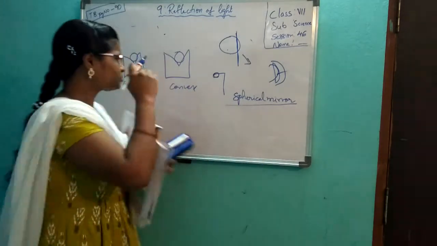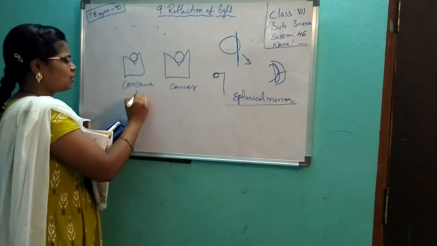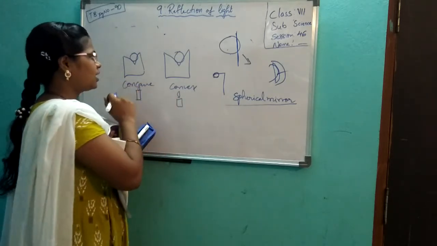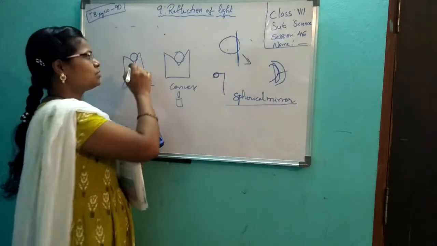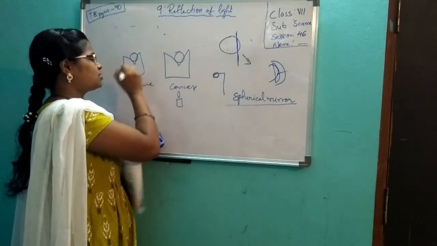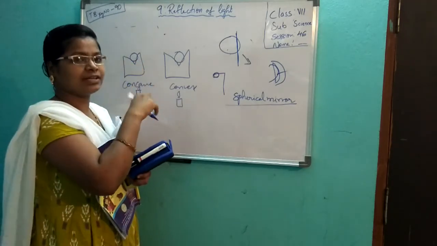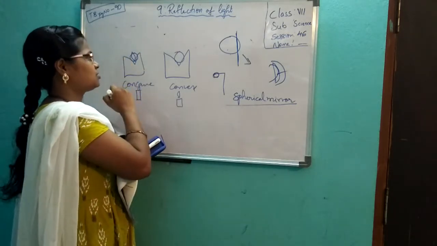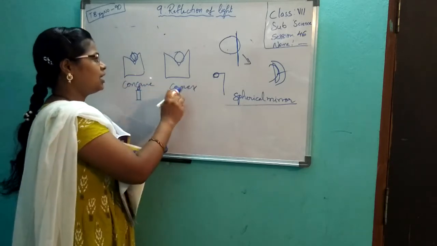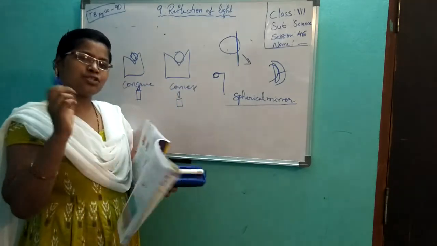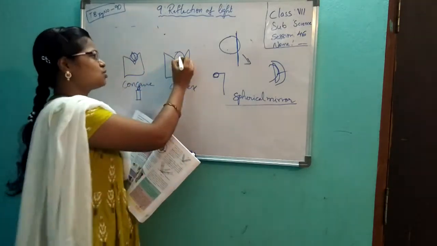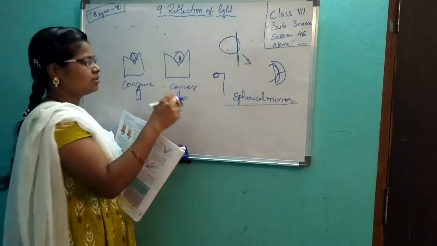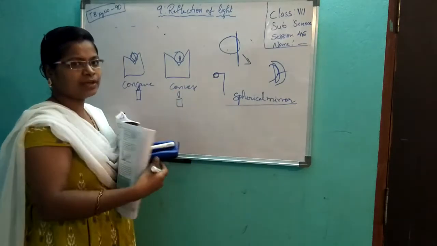In front of these mirrors, you place a candle. With the concave, how is the image you will see of the candle? It will be inverted, reversed and big. Then you will see only this much. Here, how is the image? Small and normal. Small and normal. Concave. Sorry, convex. Okay, you try it.